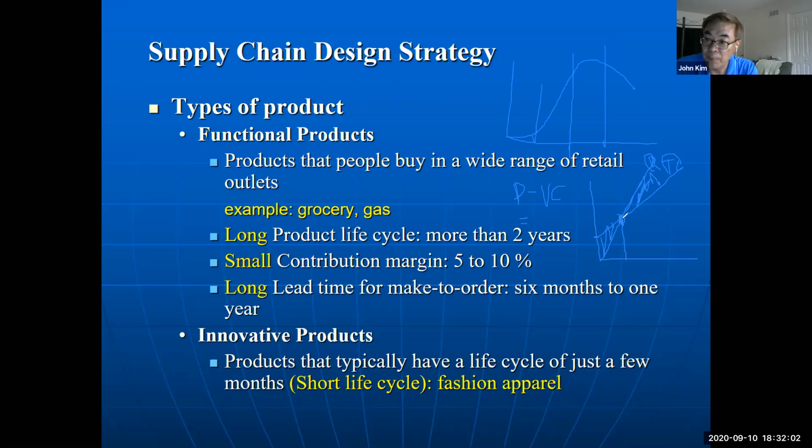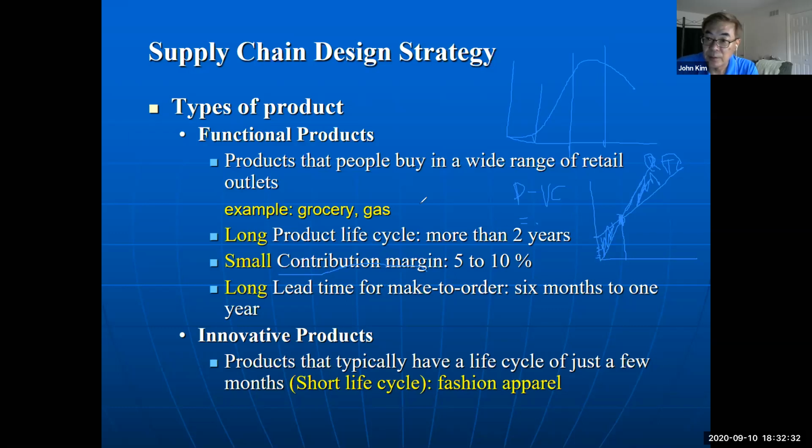But before this break-even point, this area is not profit. Contribution margin means this margin, price minus variable cost, contributes to offset this fixed cost.